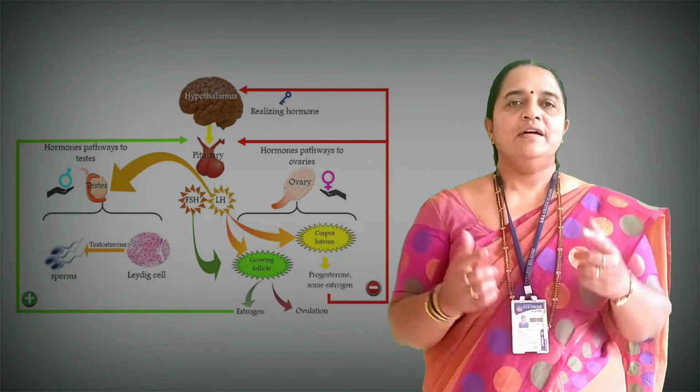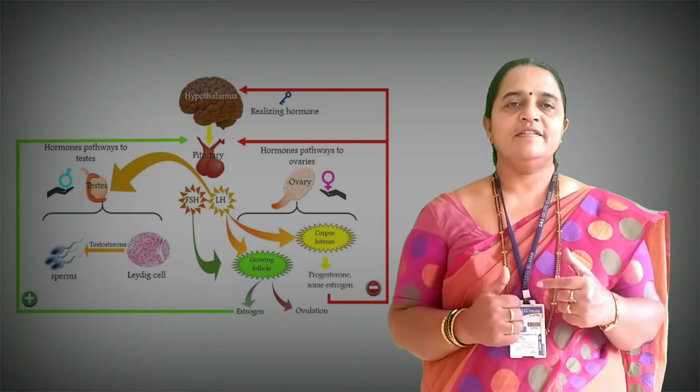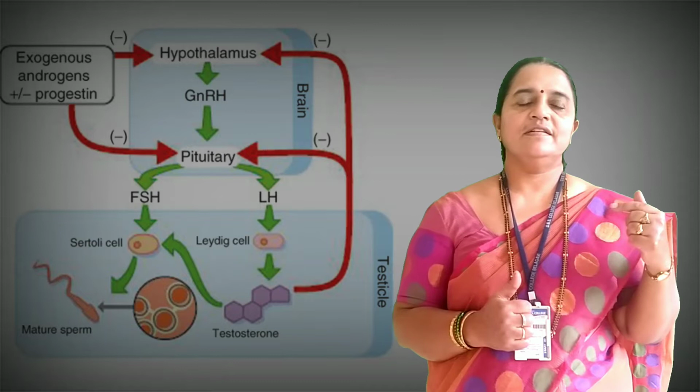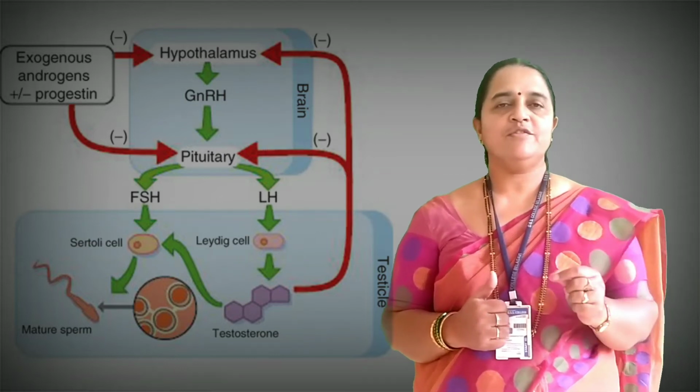Now these secondary sexual characters are controlled by a set of hormones. We have the pituitary gland, known as hypophysis, in the brain region. This pituitary gland secretes the hormones FSH and LH. These two hormones regulate the gonads. In case of male, the testis is the male gonad, a primary sex organ.